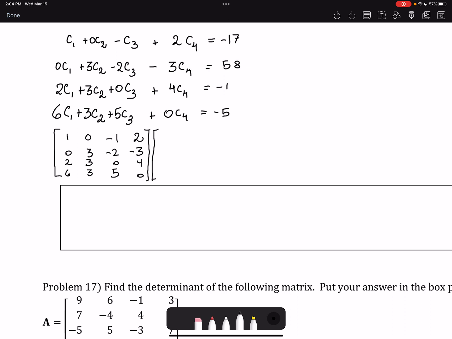Then a vector with C1, C2, C3, and C4. And all of that is going to be equal to the vector negative 17, 58, negative 1, negative 5.